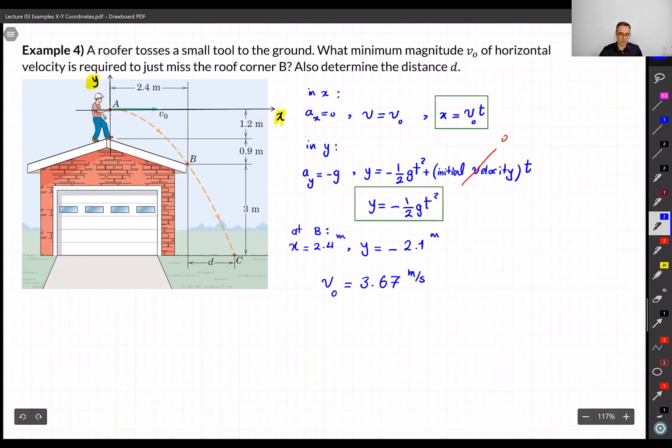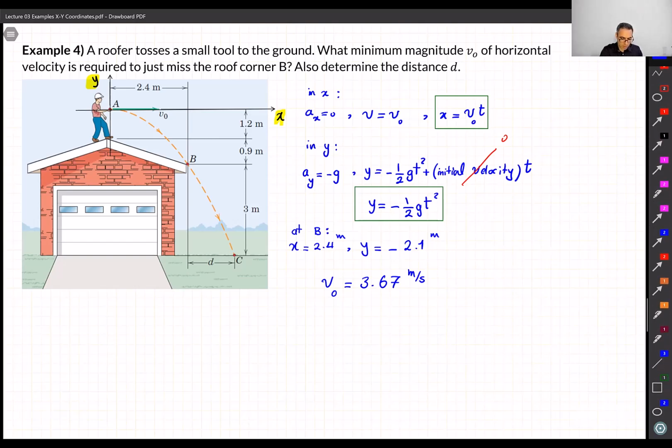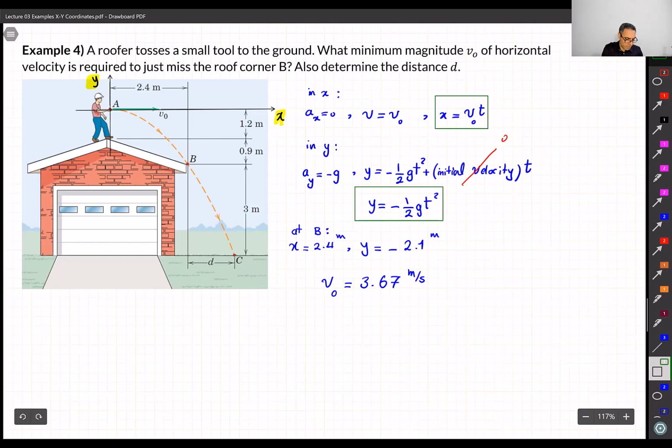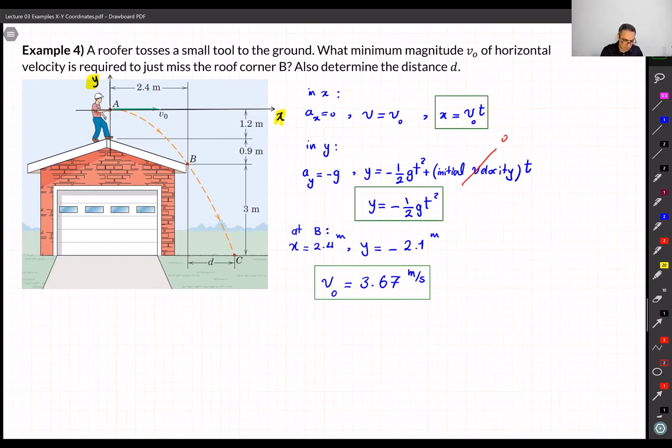All right, I'm going to give you some time to write and also to think. If you have a question, please ask. And as practice, complete the rest of the problem. The rest is asking to find the distance d, which is super easy. You can complete it on your own.